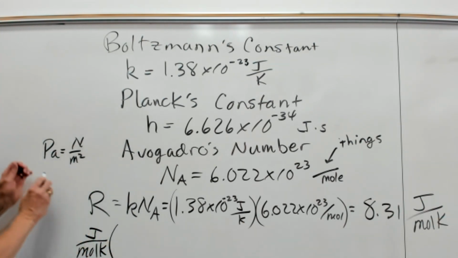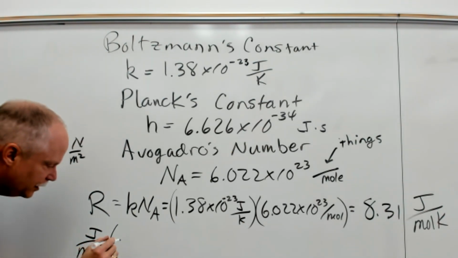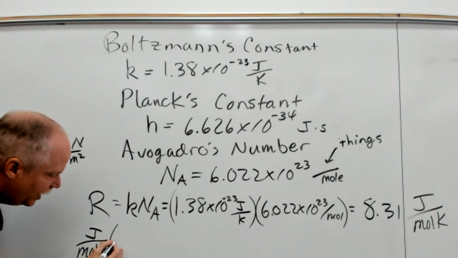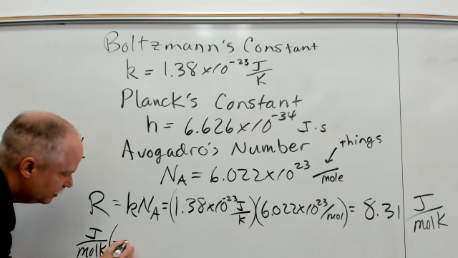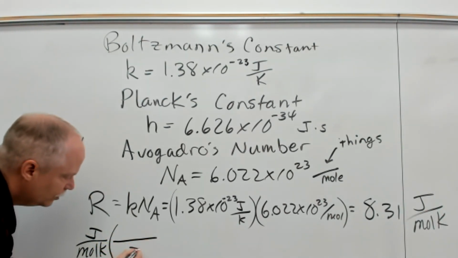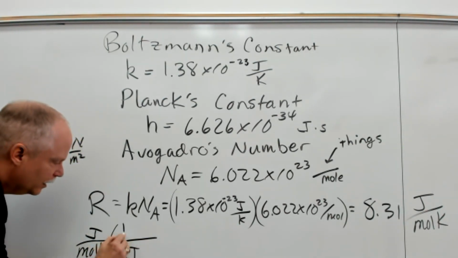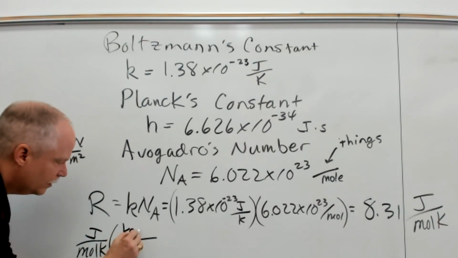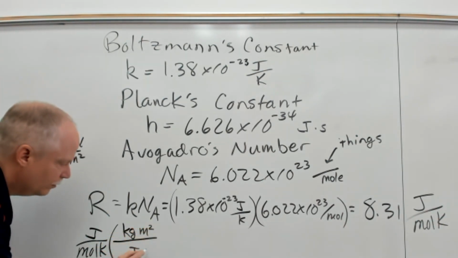And I want to get rid of the joule, and I want to put in newtons per square meter somehow. And so let's go ahead and write out what a joule is. So a joule is a kilogram meter squared per second squared.